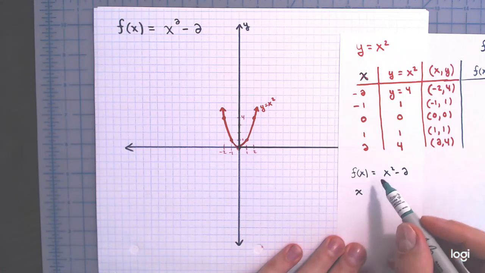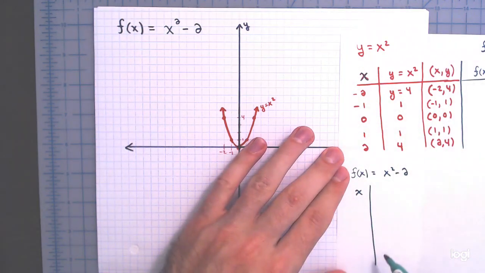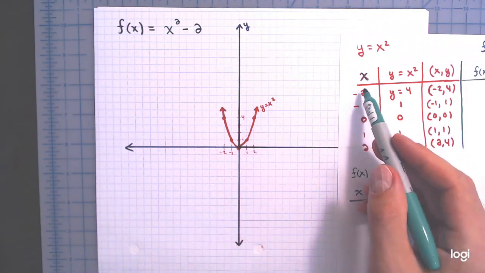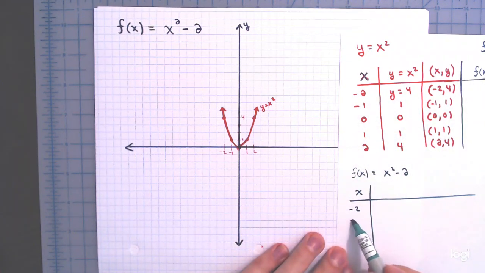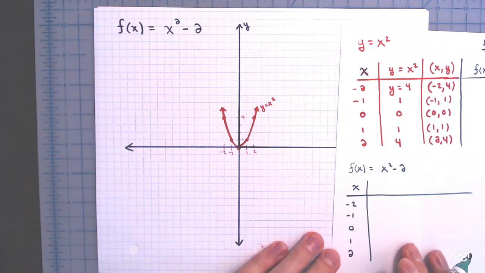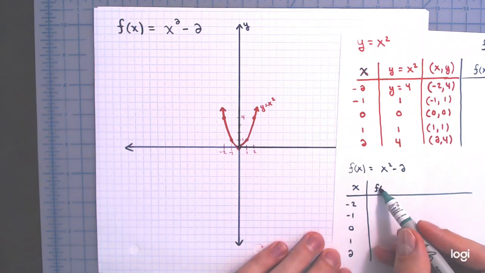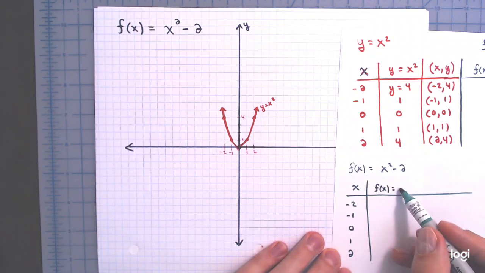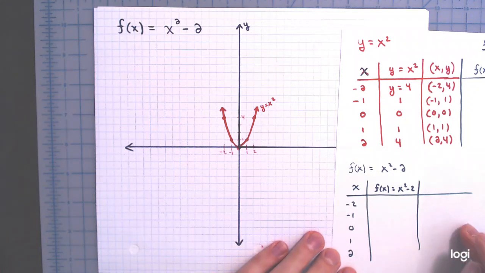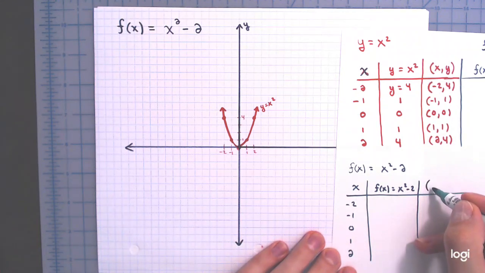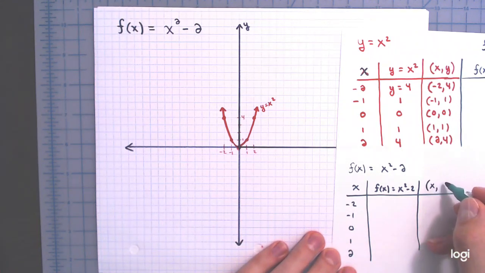I don't have my x's lined up there, so I'm going to write the same x's down here from -2 to 2, and then how the output is calculated, what f of x is, and then the ordered pairs that I'd be plotting: input x, output f of x, or output y.